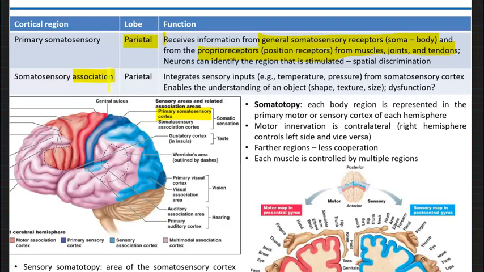Now, it's more interesting if the function of the association somatosensory cortex is lost. For example, if you reach into your pocket, and you have some small objects in there, would you be able to tell a board game chip from a coin and from a crumbled receipt from a grocery store without looking at them?